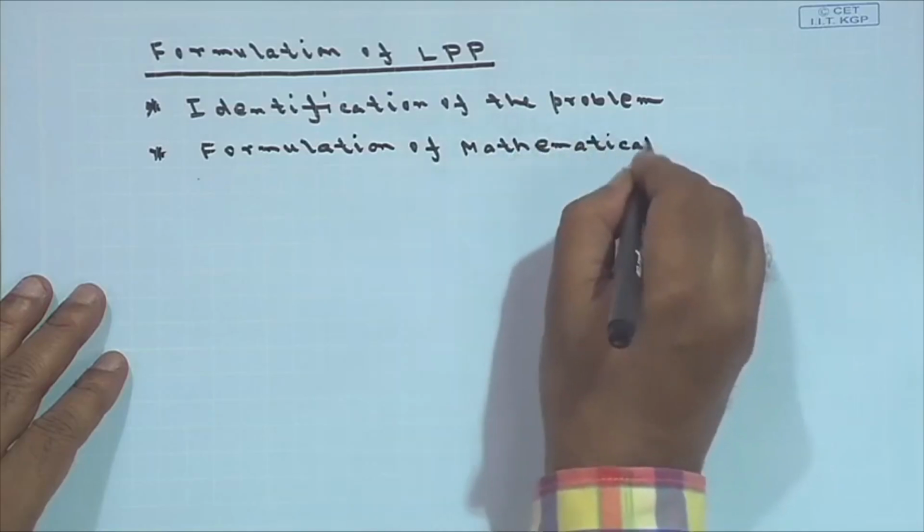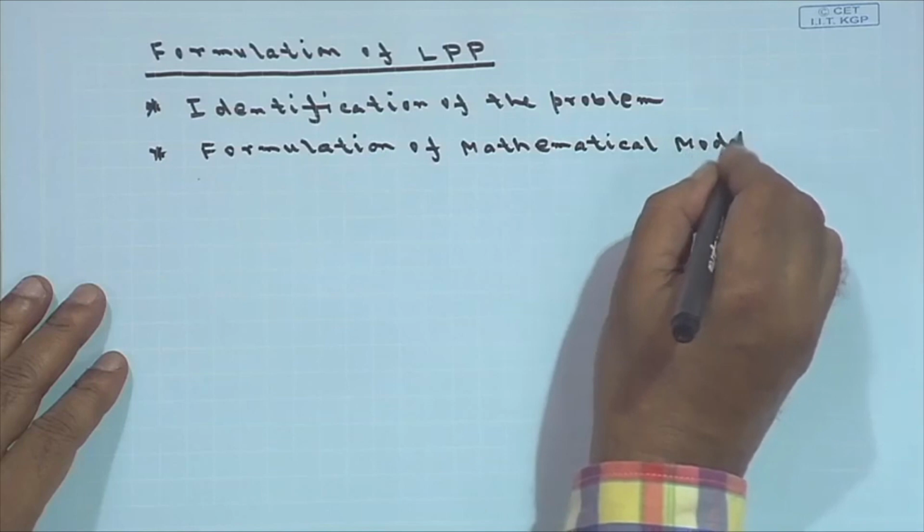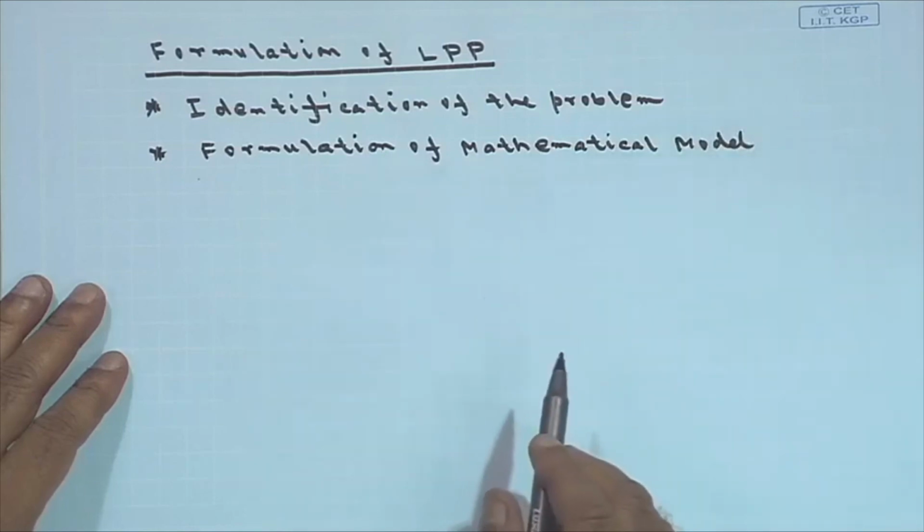Here, whatever problem is given, I have to analyze it. From the hardcore problem, I have to convert it into some model. Usually we convert it into some mathematical model, because it has been observed that mathematical models are very easy to analyze.